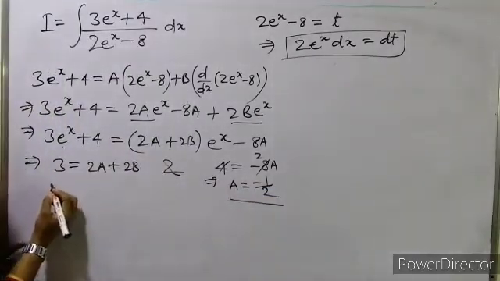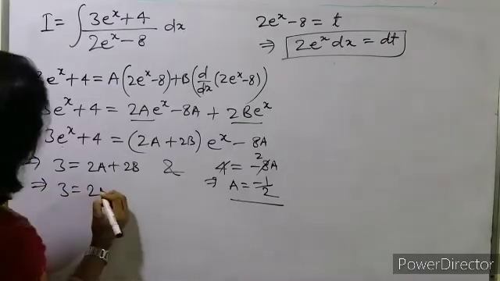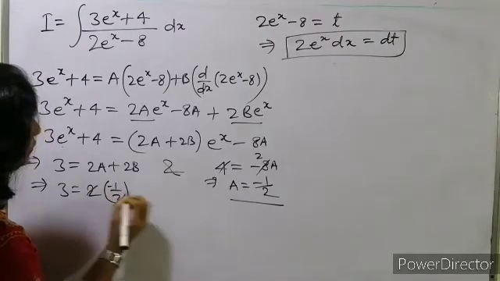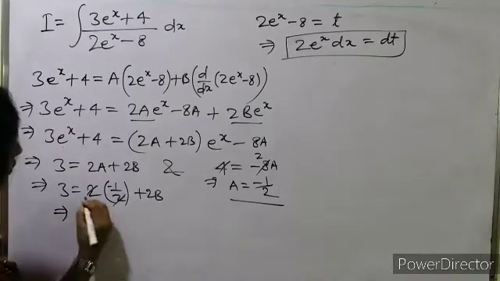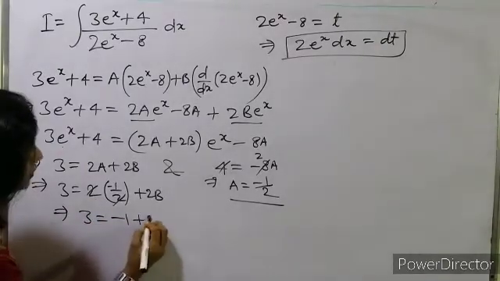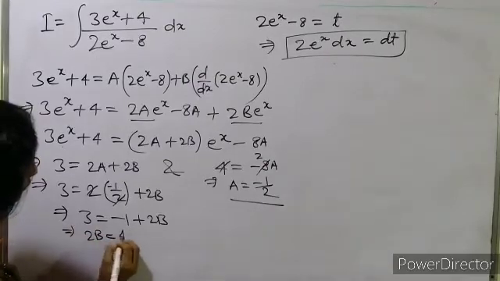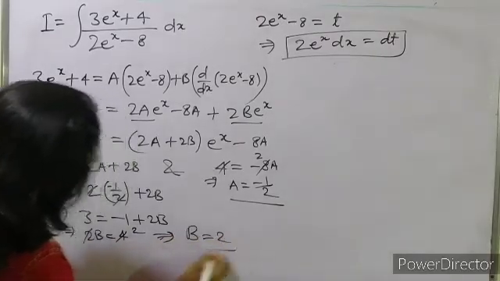Now we'll put the value of a in this equation, so what value we'll get, 2 into minus 1 upon 2, 2 cancel, plus 2b. So 3 should be equal to minus 1 plus 2b. So 2b should be equal to 4 and so b should be equal to 2.